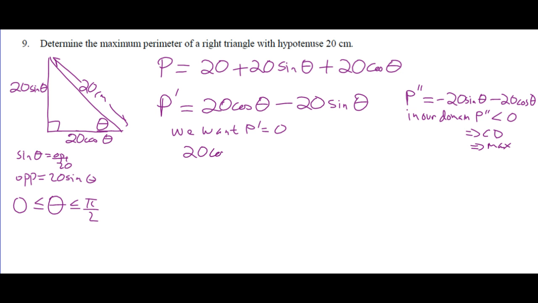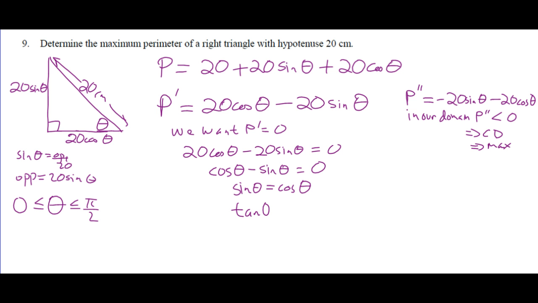So 20 cos theta minus 20 sine theta equals 0. Divide through by 20: cos theta minus sine theta equals 0, so sine theta equals cosine theta. Or divide through by cos and end up with tan theta equals 1.